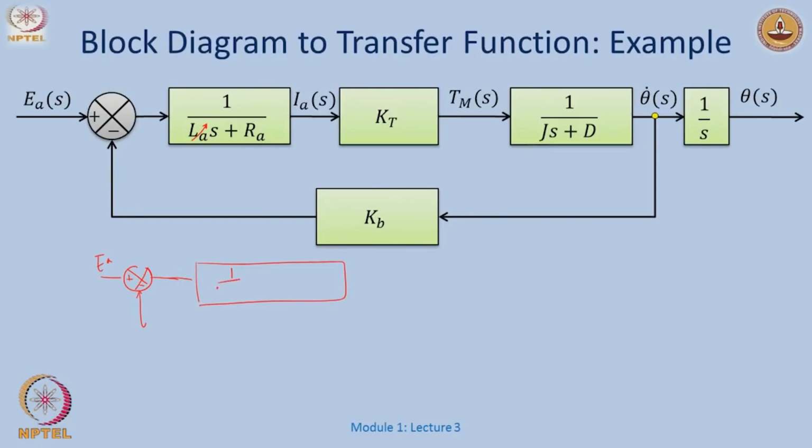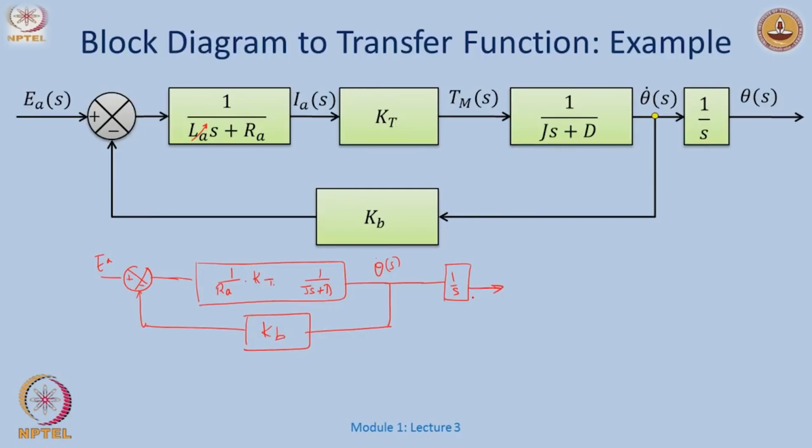So I have 1 over Ra, I have Kt, I have 1 over Js plus d, I have a theta dot of s, then a 1 over s, I have a Kb here, this guy goes from here till here, and this.